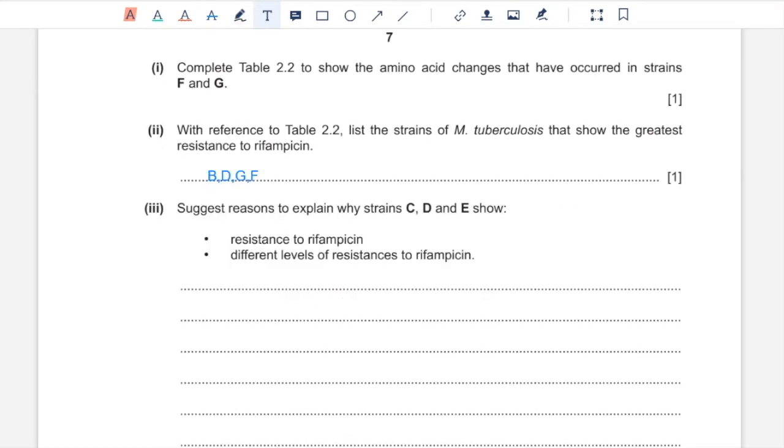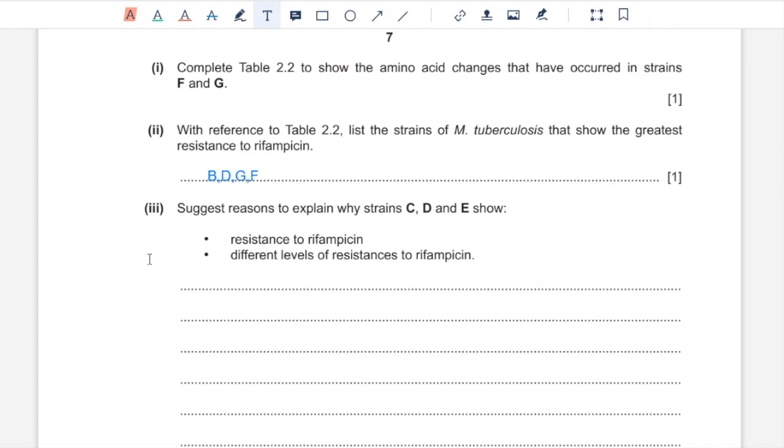3. Suggest reasons to explain why strains C, D, and E show resistance to rifampicin, and why they show different levels of resistance to rifampicin. Now you need to think back to the mode of action of rifampicin to be able to explain why they have resistance.